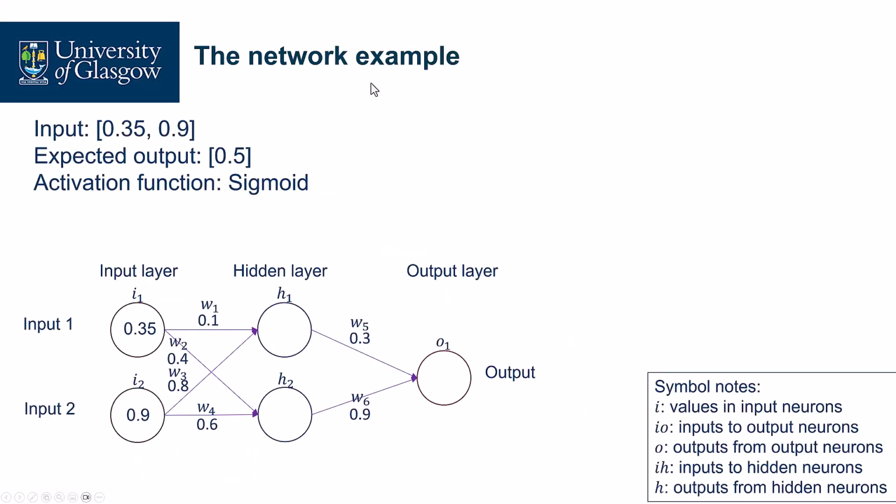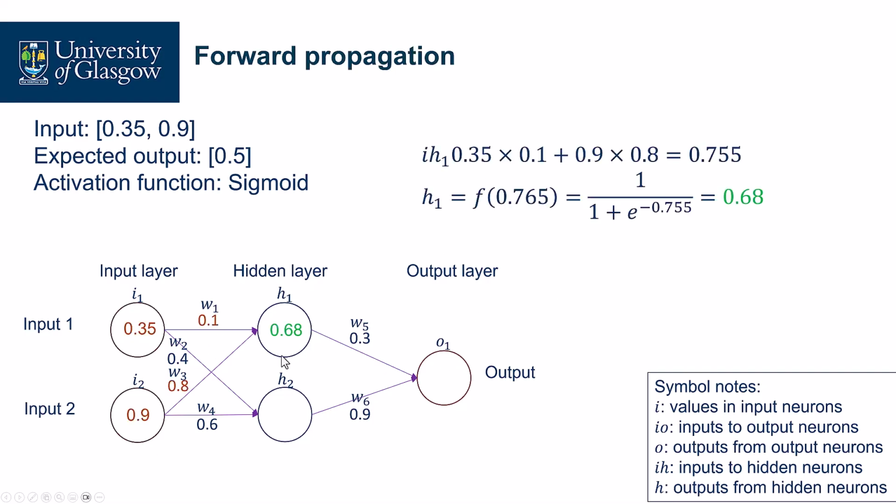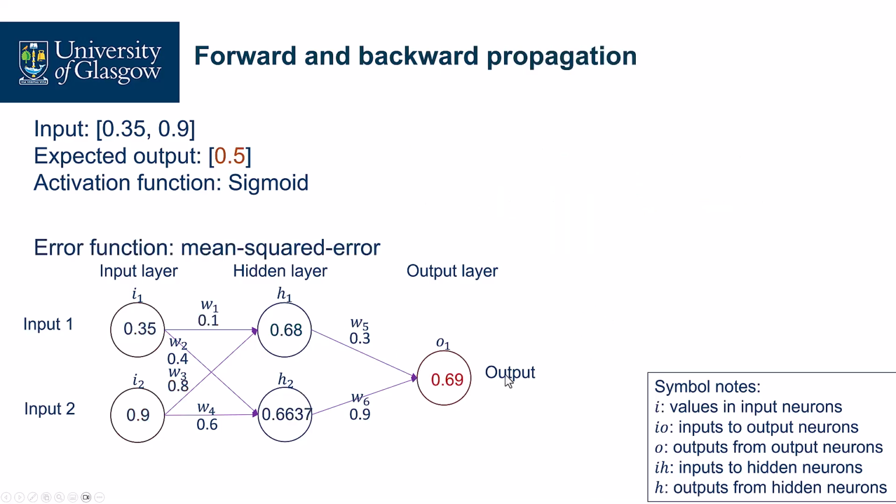Now after we review the loss function, we can see how to use it in neural network training. This is the neural network example we showed in the last session, right? We have two neurons in the input layer, a hidden layer, and the output layer, and we have these weights. In the last session we calculated H1, H2 and the output, and we mentioned the expected output is 0.5. So now we need to calculate the error.